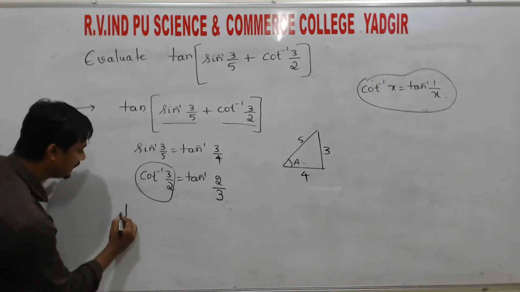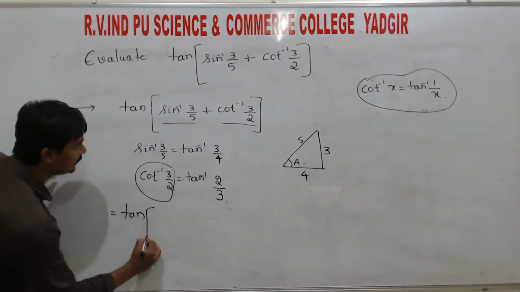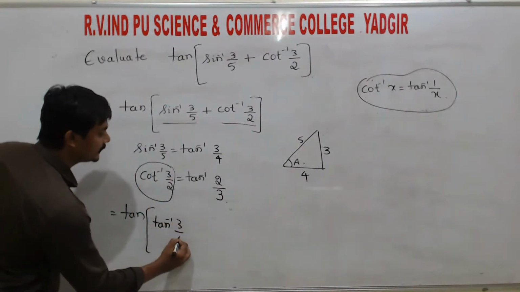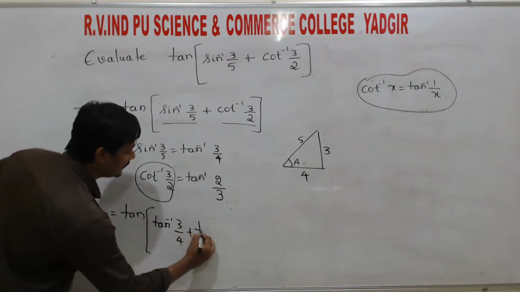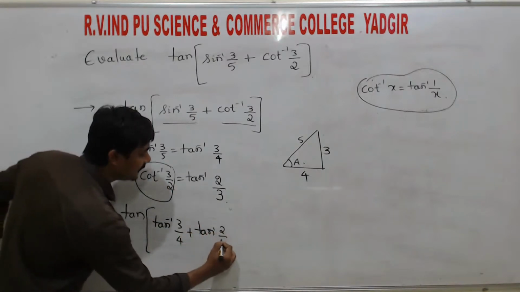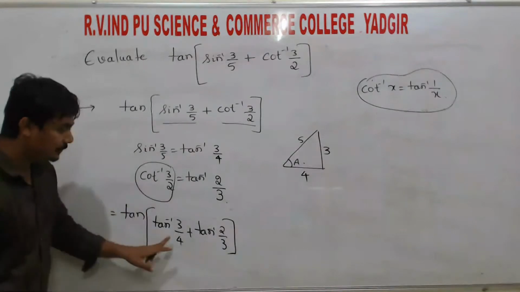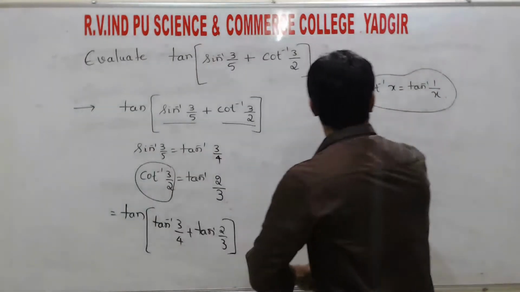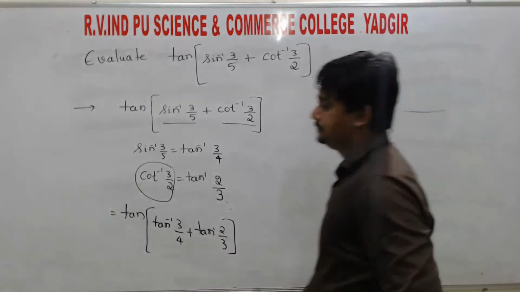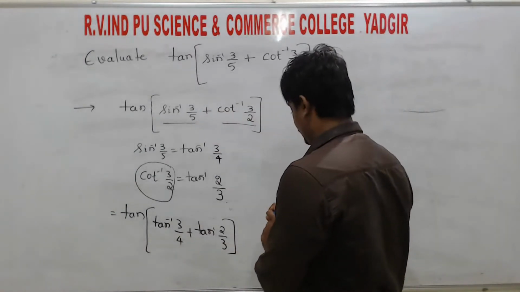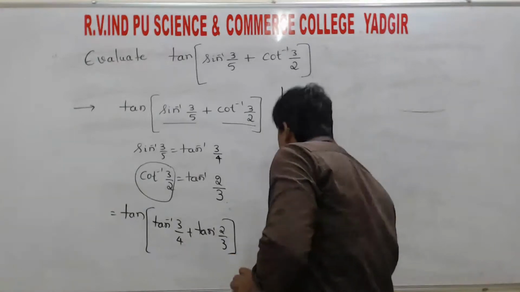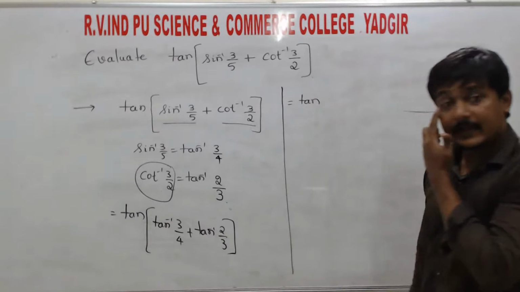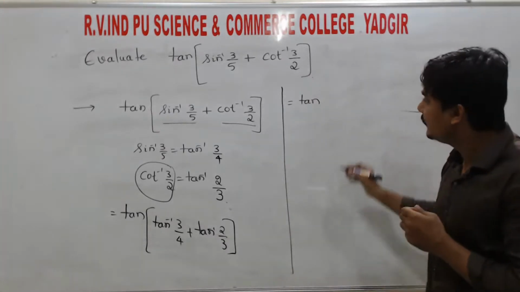Now I will consider the expression. That is tan of sin inverse 3 by 5, which is tan inverse 3 by 4, plus cot inverse 3 by 2, which is tan inverse 2 by 3. Here I will now apply the tan inverse x plus tan inverse y formula. This is equal to tan of, what is the tan inverse x plus tan inverse y formula?